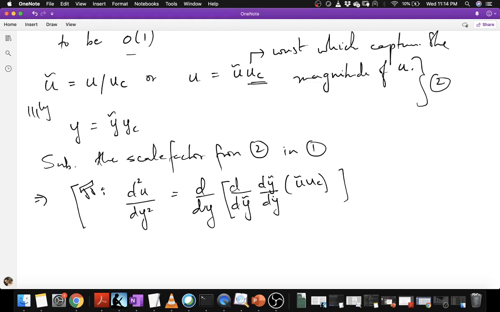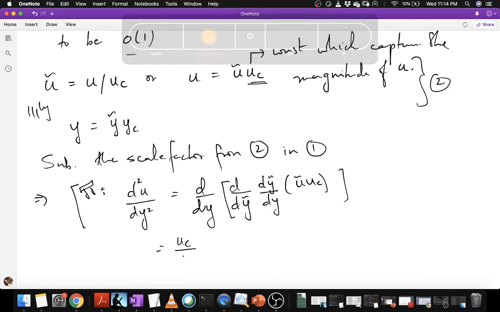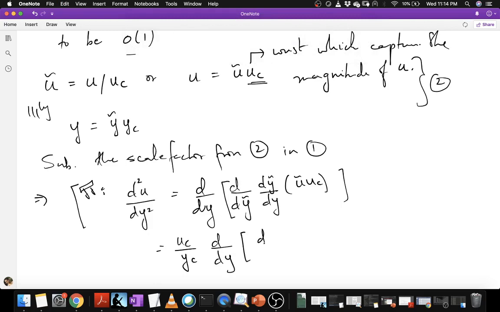Okay. So now notice this uc of course is a constant, it will come out, and moreover the d dy of y tilde, if you rewrite this, is 1 over yc. So you get a uc by yc factor coming out of applying the first derivative, and then I can rewrite this derivative again as I have it here, and what I'm left with is d dy tilde of u tilde.